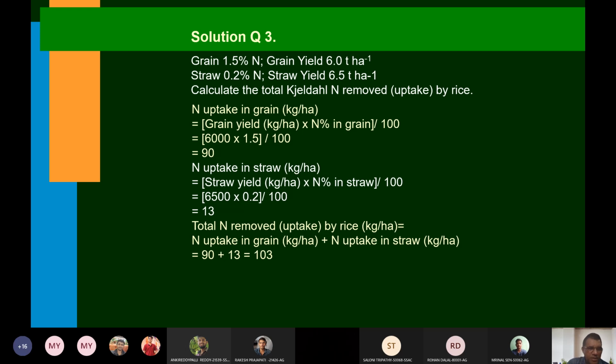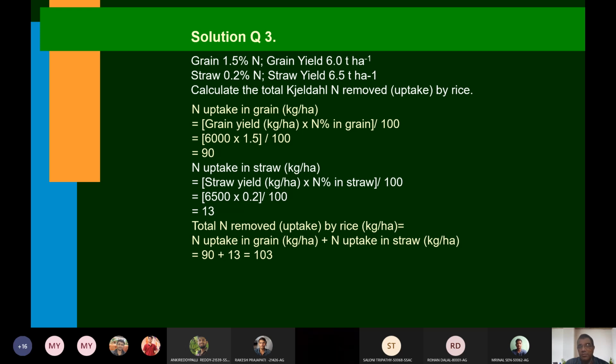1,000 kilogram. Actually, this is underestimated data. If it is 0.4, then it will be about 26 plus 90. So it will be 116, which is about 120 kg nitrogen.